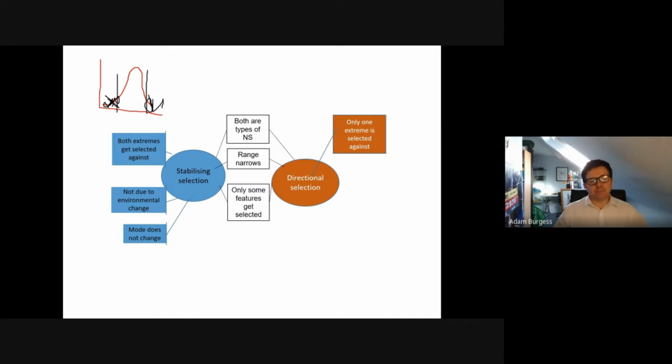So you get a movement of the curve to the right as the neck length gets longer. Directional selection does tend to happen due to environmental change. So when there's environmental change, you either adapt or die, survival of the fittest. And the mode does change.